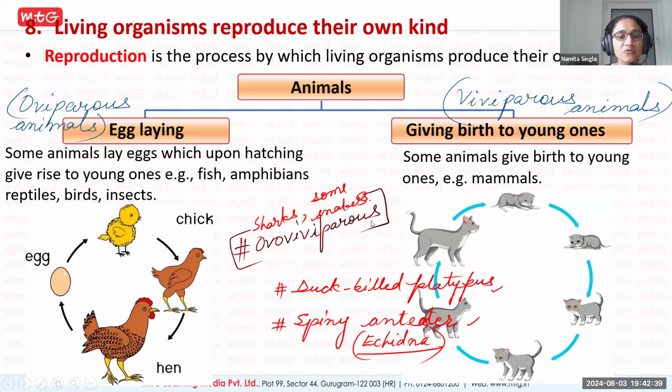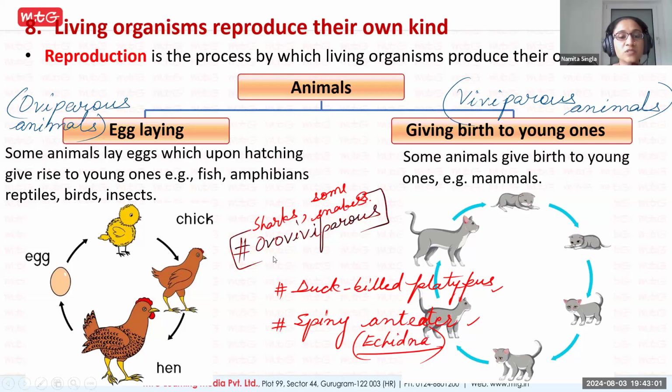So what happens in ovoviviparous is that eggs are there in the body of the female, the mother. Hatching of the eggs also takes place inside the body of the mother, like in oviparous, where hatching takes place outside the body of the mother.